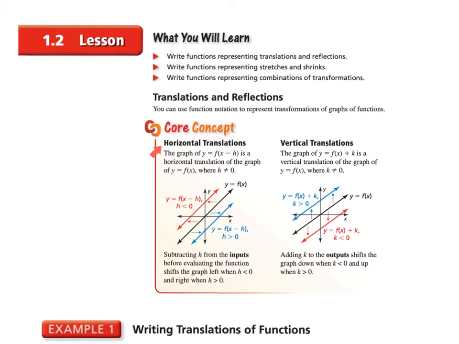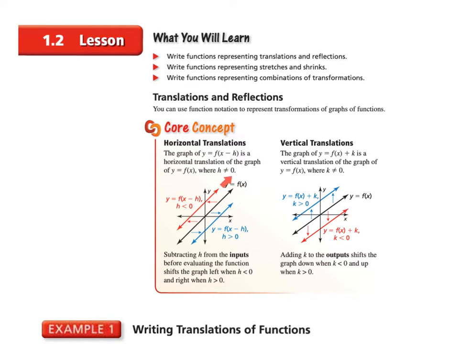So we're going to talk about horizontal translations. When we're talking about horizontal translations, that means we're moving the graph left and right. It is a movement in the x-axis, and we note that in function notation we subtract it from the x inside the function, and h cannot equal 0.